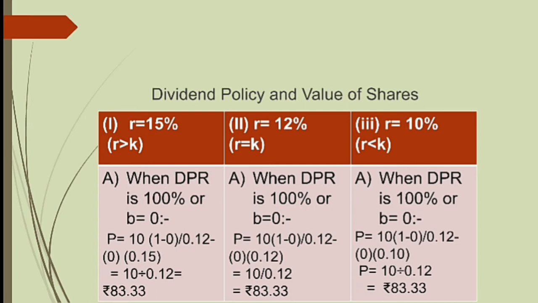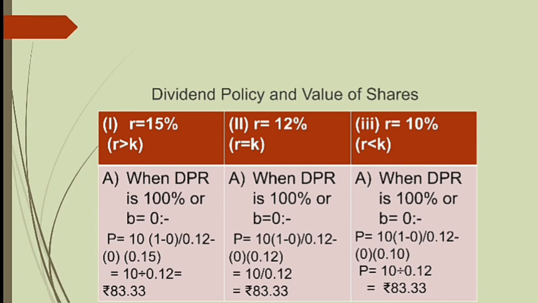Now come to the third main condition, when R is 10%, or we can say R less than K. When the dividend payout ratio is 100% and R is 10%, the value of share is rupees 10 per share multiplied by (1 minus 0) divided by (0.12 minus 0 multiplied by 0.10). What do we get after solving this?